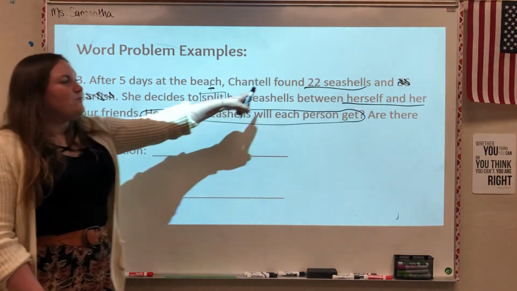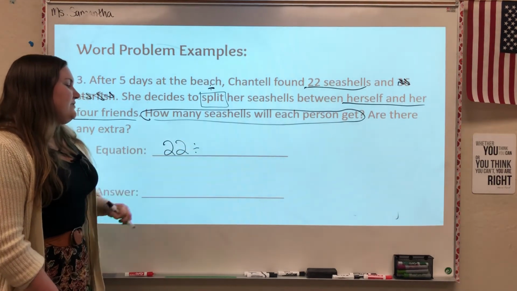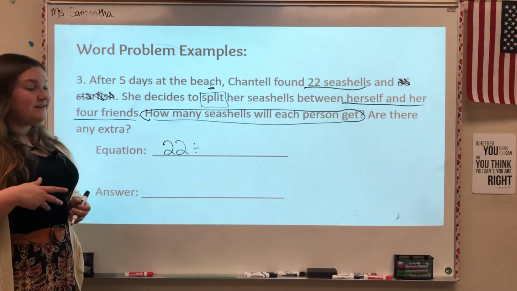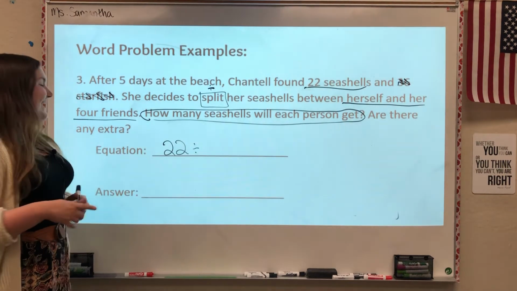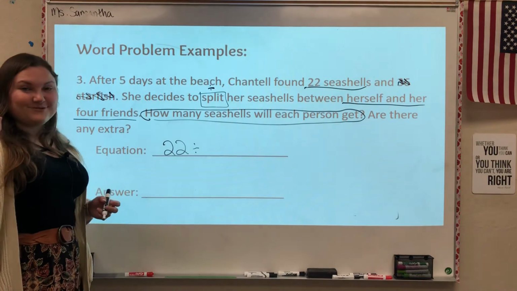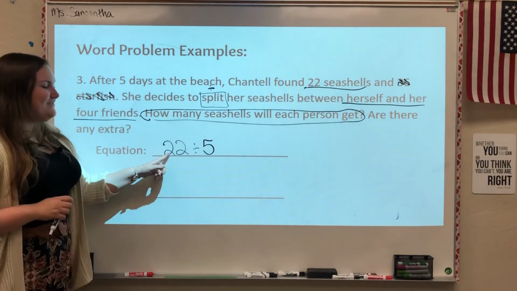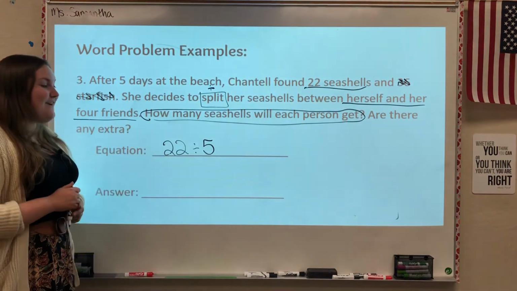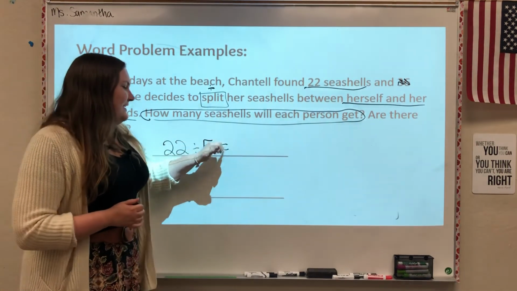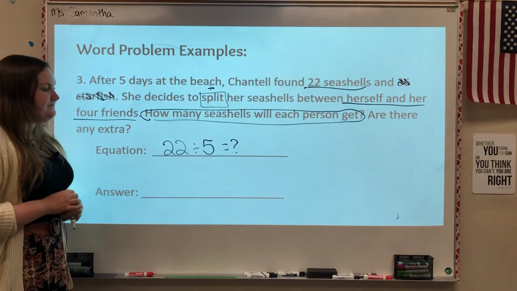So we know there's 22 seashells, and she's dividing those 22 seashells between how many people? It's tempting to put 4, but it's herself and her 4 friends, which means there's a total of 5 people. So we've got our 22 seashells we're dividing up between the 5 people. That is what we need to find to answer this first question. How many seashells will each person get?